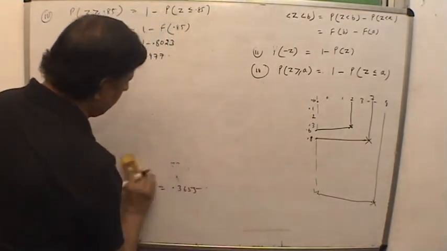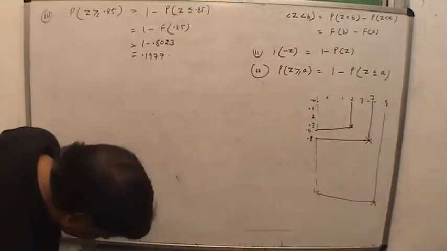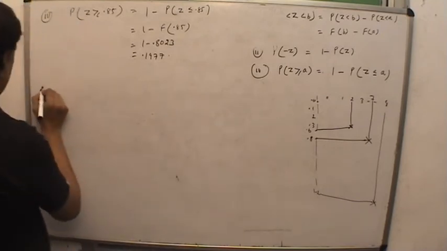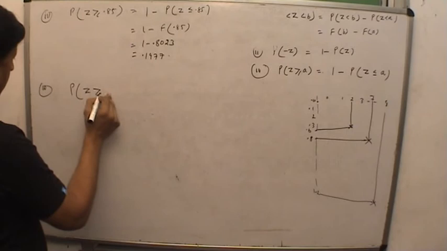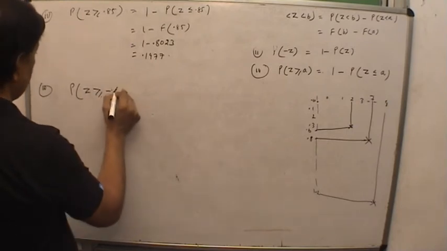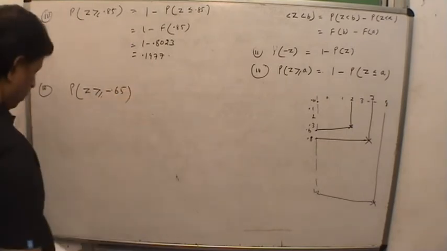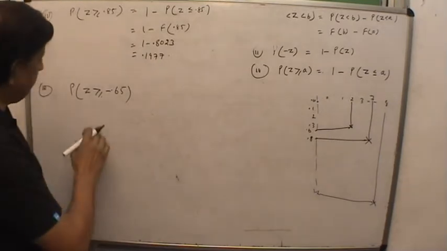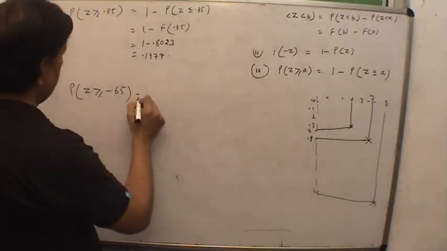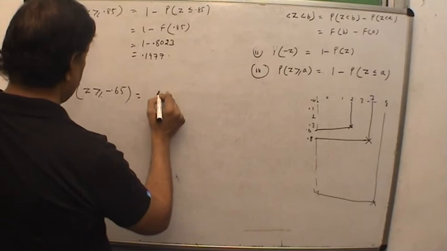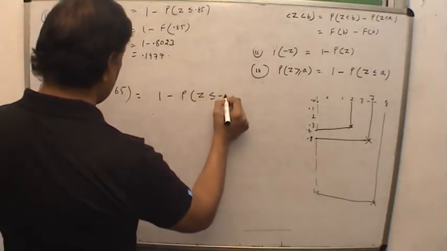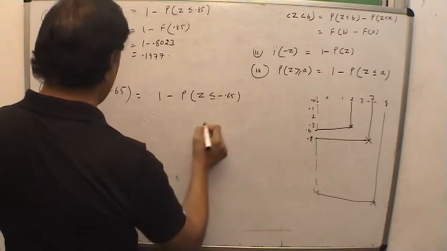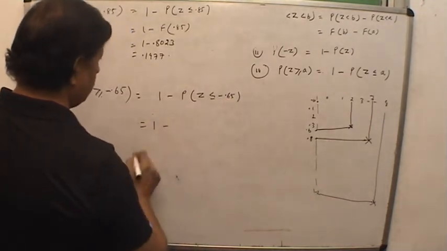So we compile all the results and discuss a problem like this: P(Z greater than or equal to minus 0.65). First of all, the problem is greater than, so we shall use this result: 1 minus P(Z less than or equal to minus 0.65).